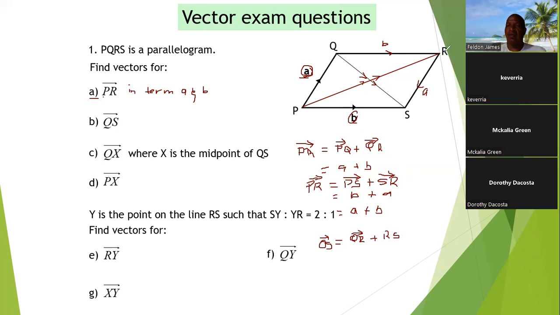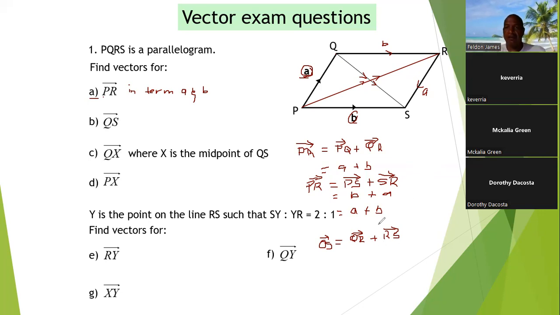Now, would RS be equal to A? Look carefully, you know. Would RS be equal to A? Notice A has an arrow going that way, but RS has the arrow coming in the opposite way. You follow? So remember, if two vectors are going in the opposite direction and they have the same magnitude, then they are inverse to each other, right?